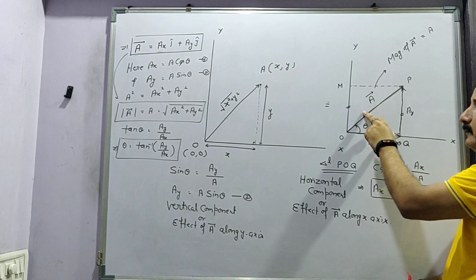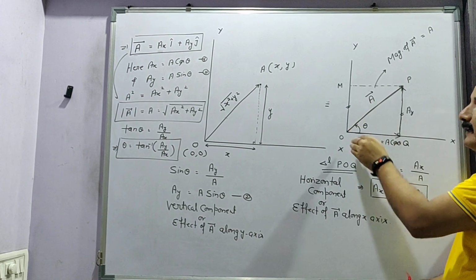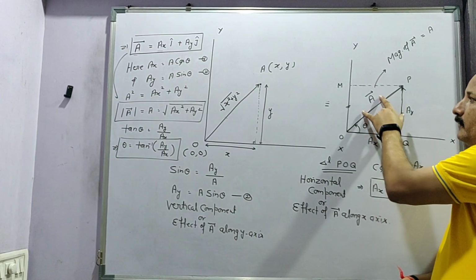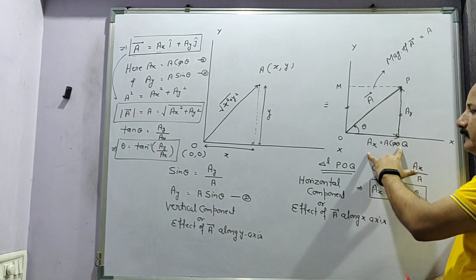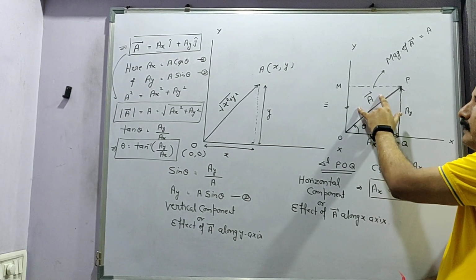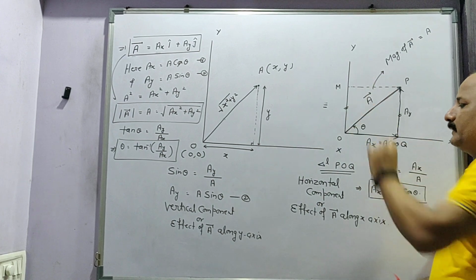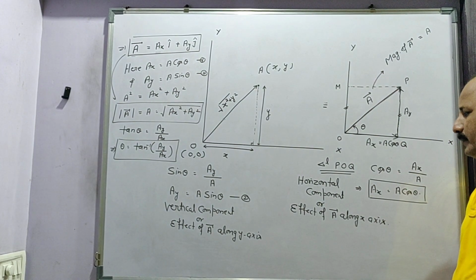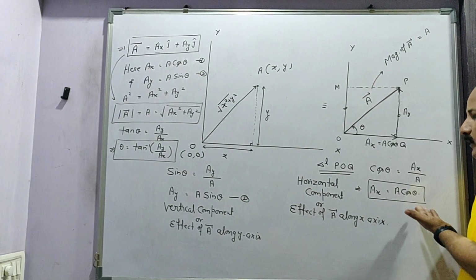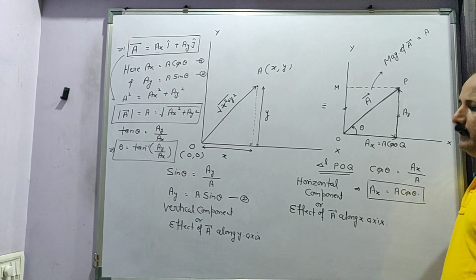To know the effect of this vector in its rectangular components, the rectangular component of vector A along x-axis is A cos theta, and along y-axis is A sin theta. So the horizontal component is A cos theta and the vertical component is A sin theta.